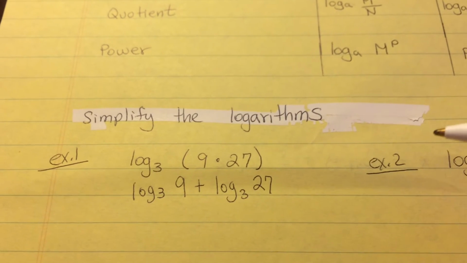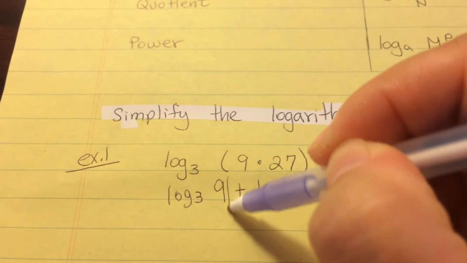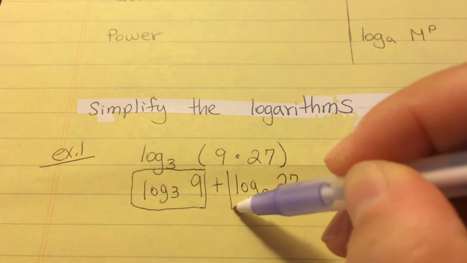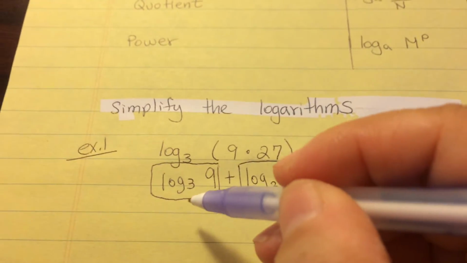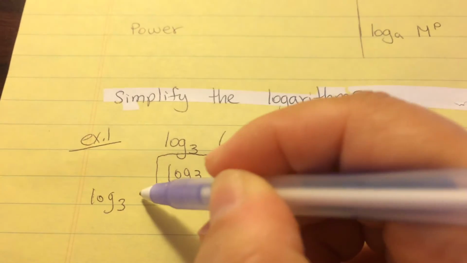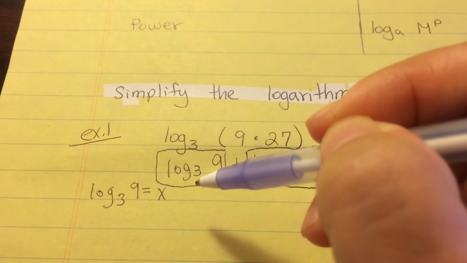Now this becomes similar to what we just did in the last section. We're solving for each piece and we're going to add them together. To solve for log base 3 of 9, let me do this on the side. Log base 3 of 9 is equal to, and whenever you're solving for something, you put an x there.